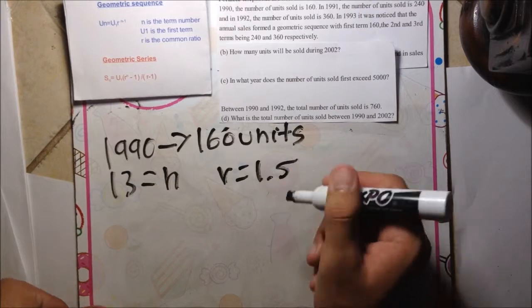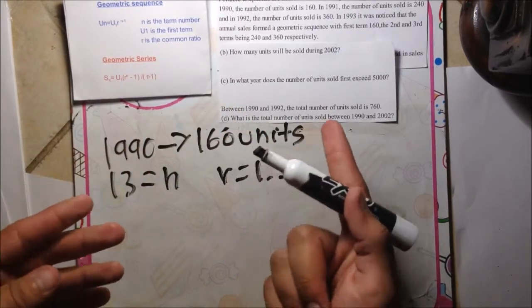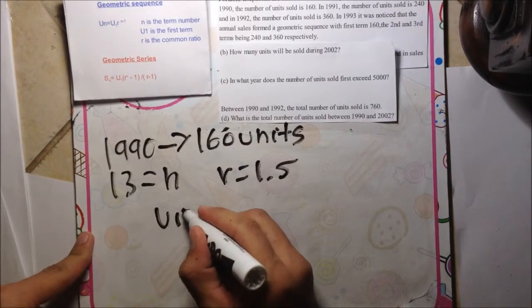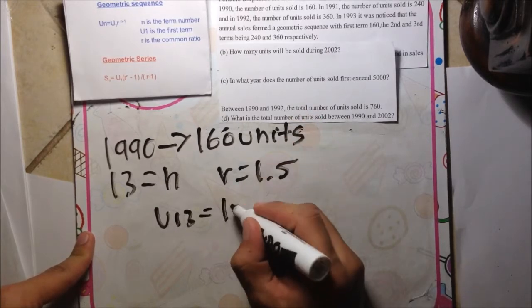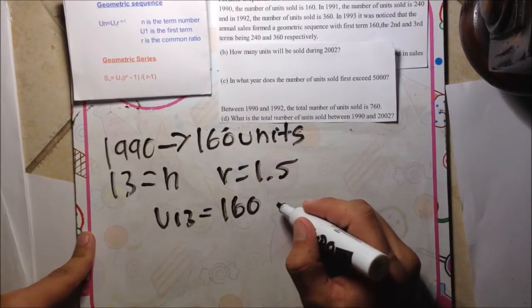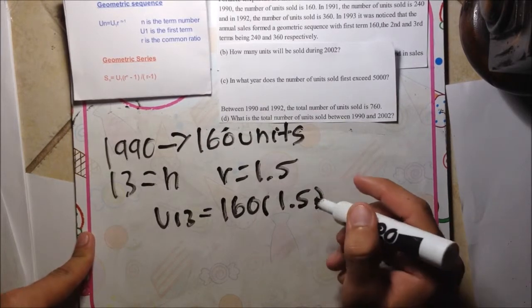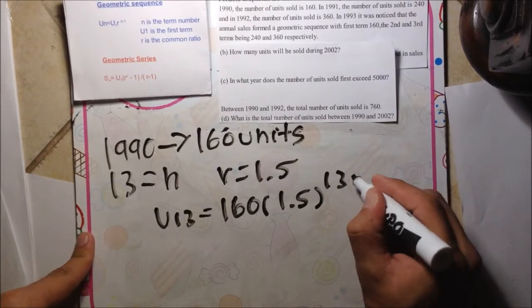Now, based on all this information, we can plug everything into our geometric sequence formula and solve for the amount of units. So U13, because we know our n is 13, equals U1, which is 160, times 1.5, which is our r, to the power of n minus 1, which is 13 minus 1.